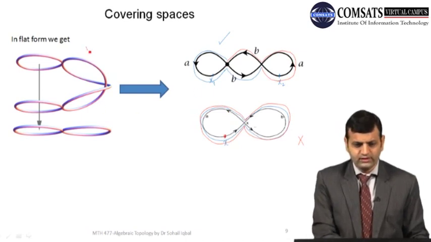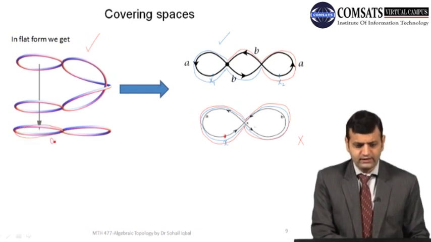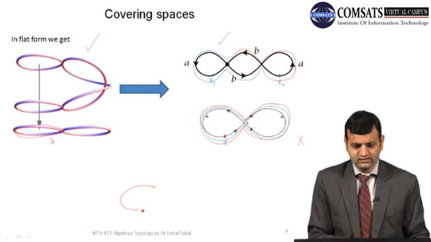It's more clear in this diagram that this is the A part, and there are two circles above this A, and this is the B part, and each part of this basically covers. It's just like you take a circle, and there is a helix above it, so that you cover this circle.